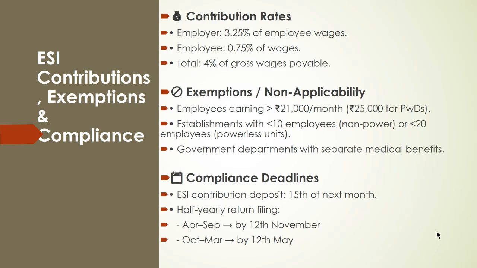Here it is 4%: 3.25% and 0.75%. There it applies to more than 20 employees; here it is 10 or more employees. 15,000 there, 21,000 here. Both payment dates are the 15th. There it is ECR, here half-yearly returns.